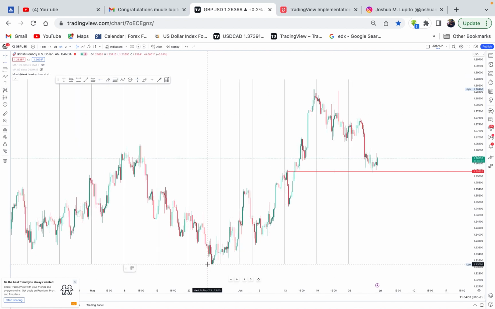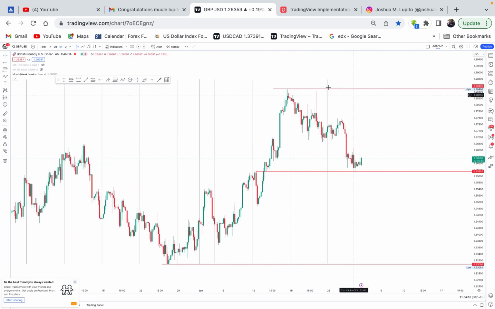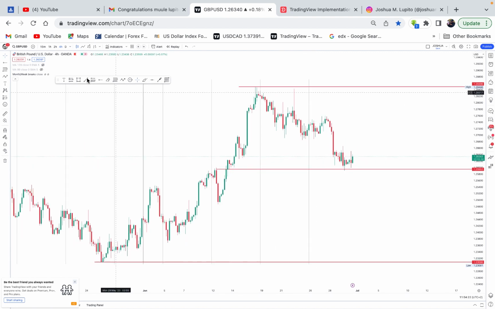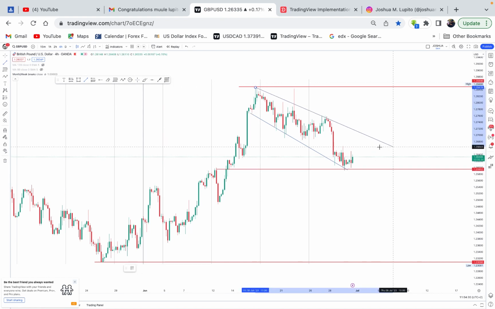So we have our overall downtrend support and overall uptrend resistance, the higher point, and support at the lower point. From there, we're able to see this trend line acting as our resistance, and this trend line acting as our support.